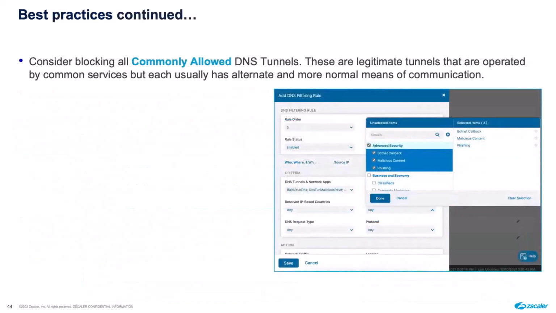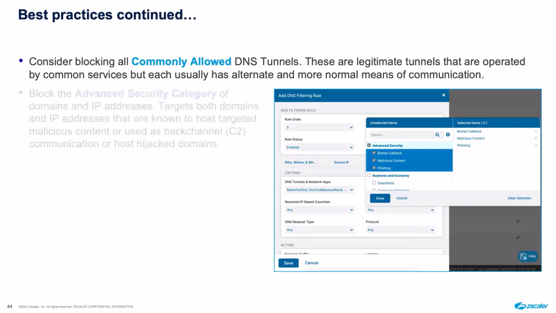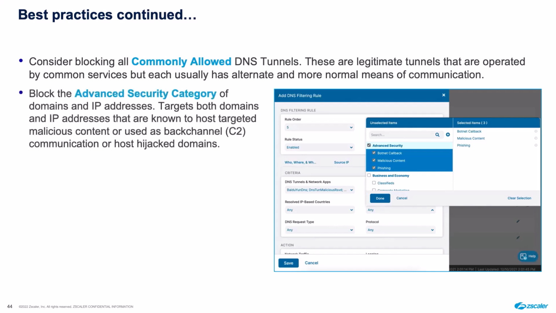When it comes to considering blocking all commonly allowed DNS tunnels, there are some legitimate tunnels, as I mentioned earlier. If there is a need for your enterprise, it's better to create an exception on top of the commonly allowed DNS tunnels block policy. Also always block the advanced security URL categories we offer as part of the DNS filtering rule. It is always recommended to block these, which gives you a quick way of stopping threats right at the DNS level itself.